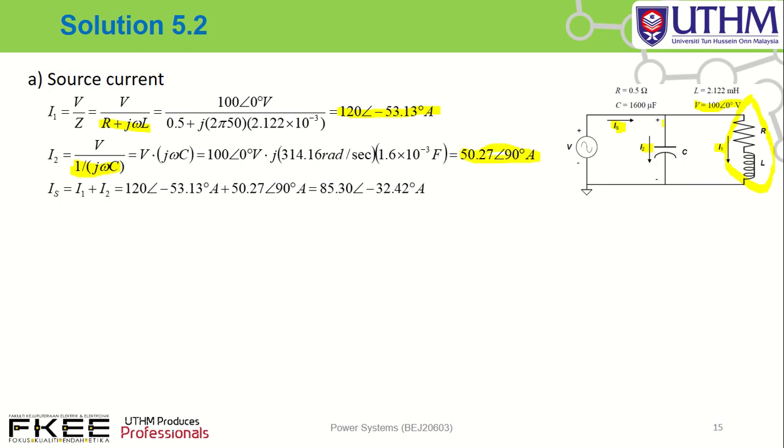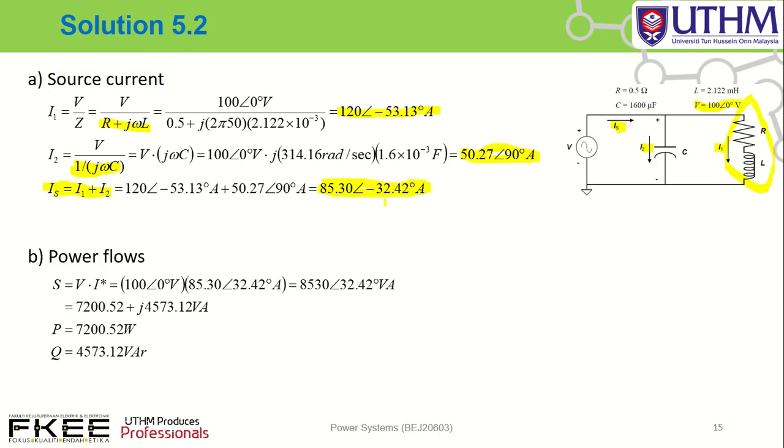So from Kirchhoff's current law, you can determine the total current or supply current, which is IS equal to I1 plus I2. So you can get total current or supply current equal to 85.3 angle minus 32.42 degrees ampere.